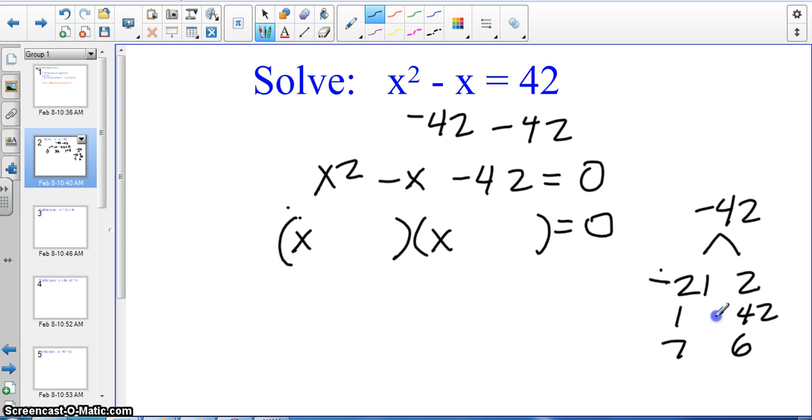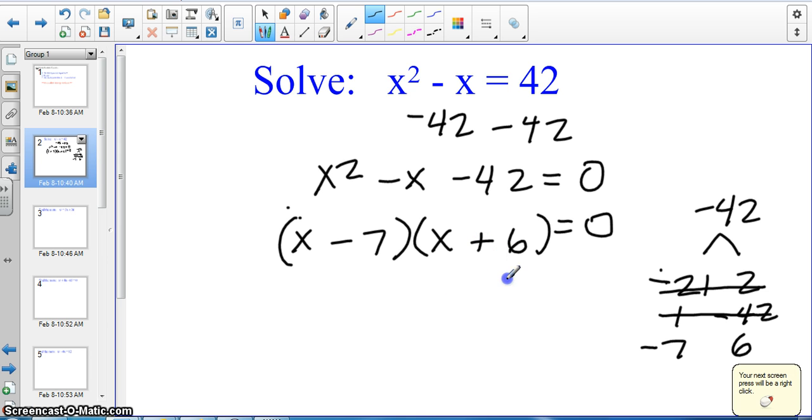So negative 21 plus 2 is negative 19, so that doesn't work. Negative 1 minus 42 is negative 43, that doesn't work. Negative 7 plus 6 is negative 1. Hey, there we go. So now I can put those terms in there.